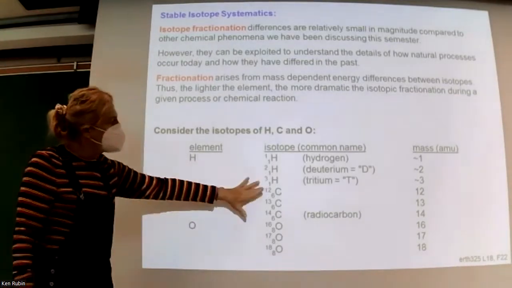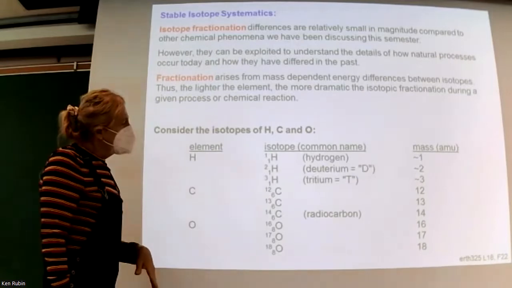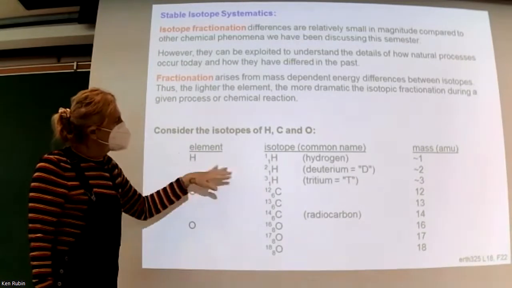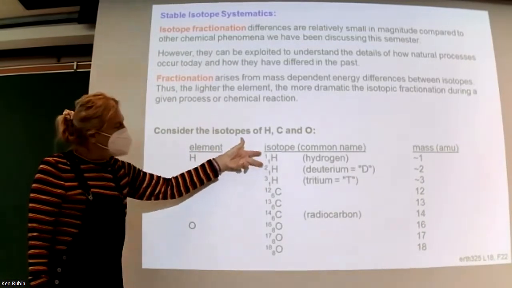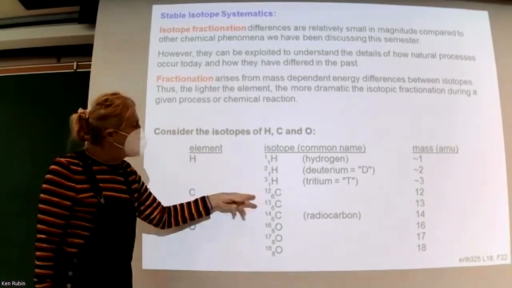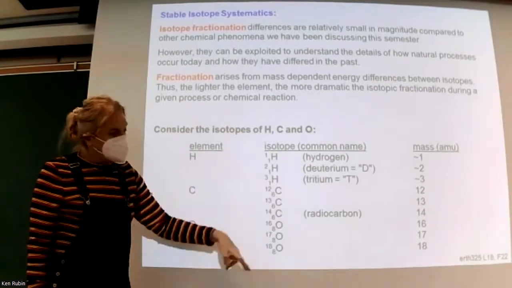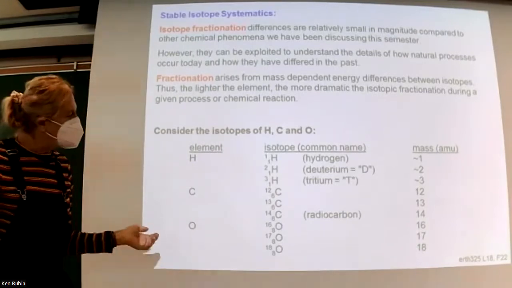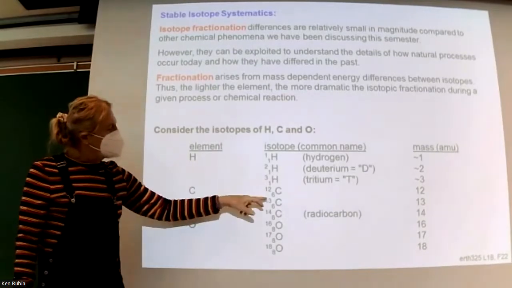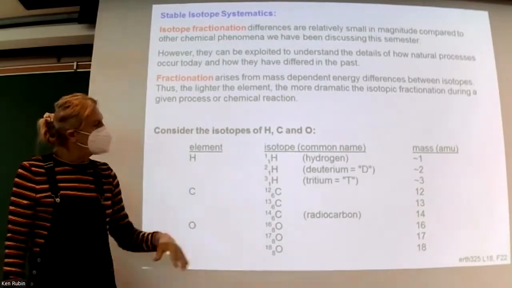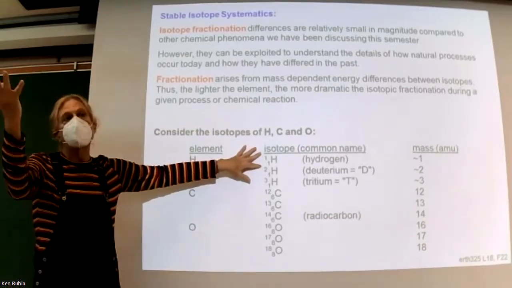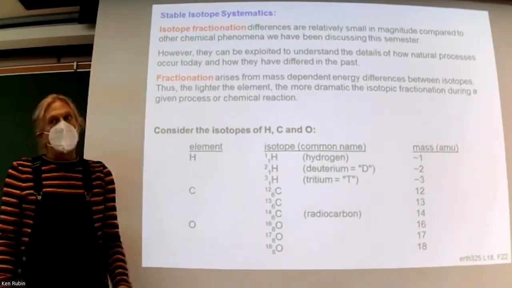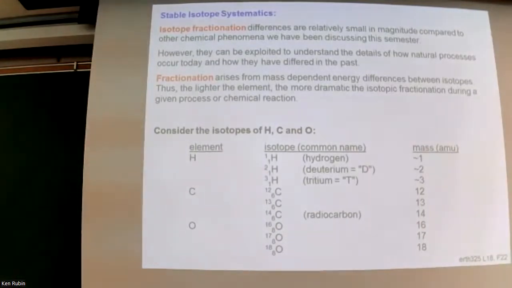It's usually done by measuring this ratio. So we focus on basically two isotopes of hydrogen and two isotopes of carbon. All three forms of carbon have 6 protons in the nucleus, but they have different masses. For hydrogen, the mass difference is a factor of 2, which causes big fractionation. For carbon, it's something less than 10%, which causes small fractionation.